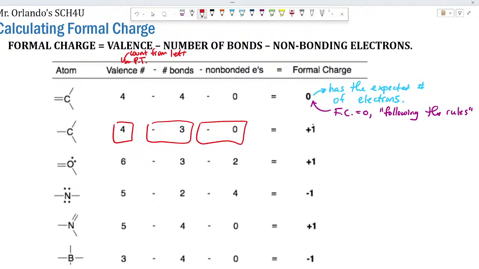So when we do that math, it leaves us with a leftover charge of plus 1. This means that this has a formal charge, not following the rules.